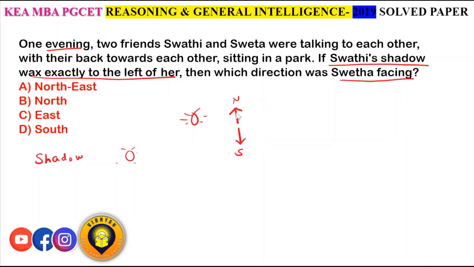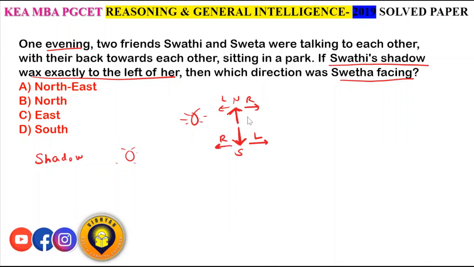Now Swati's shadow was exactly to the left of her. Let's suppose one person is facing north and another person is facing towards the south. For the person who is facing north, this is the right and this is the left. For the person who is facing south, this is her left and this is her right.